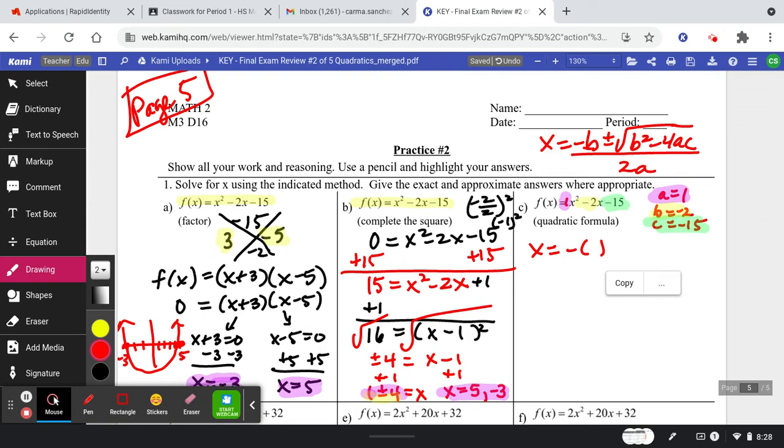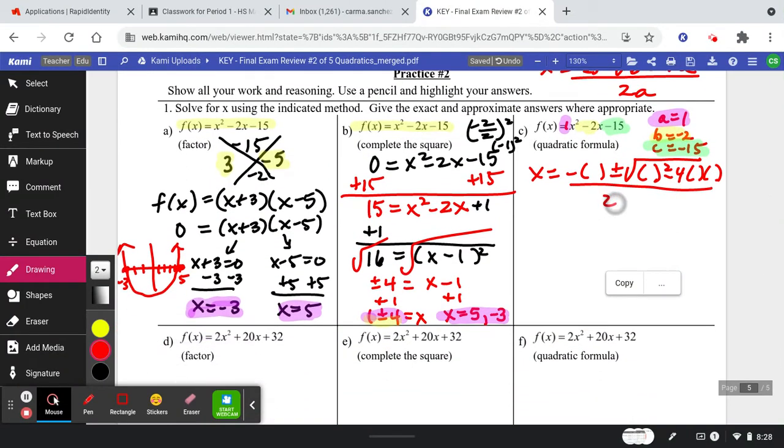I always get the formula ready with empty parentheses. B squared minus 4 times A times C all over 2 times A. So here I go plugging in the -2, my B again. Plug in your A, plug in your C, all over 2A.